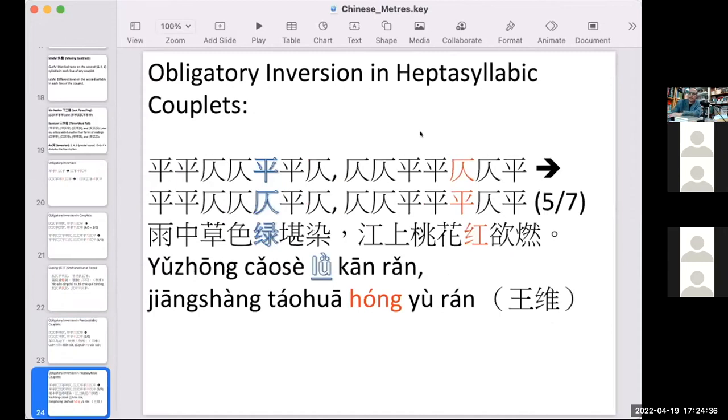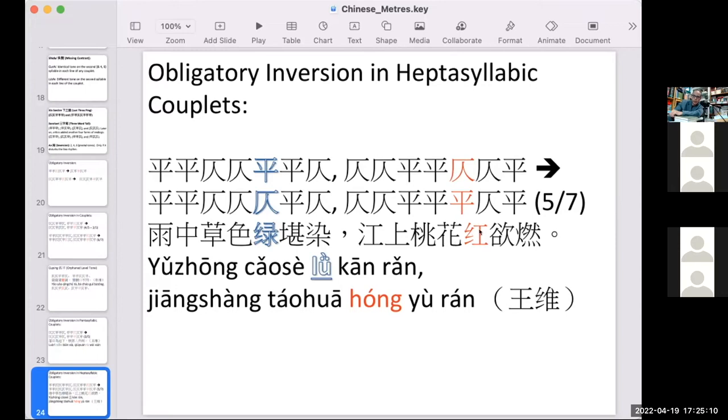This is another example in the Qi Shi, the seven character lines. Here, the fifth syllable changed from ping into zi. So it's li, which is zi, and here the zi should be changed into ping, but actually it's hong, which is still ping.